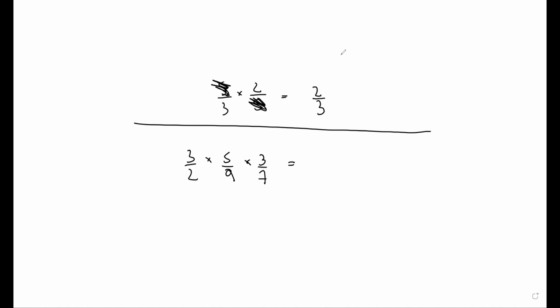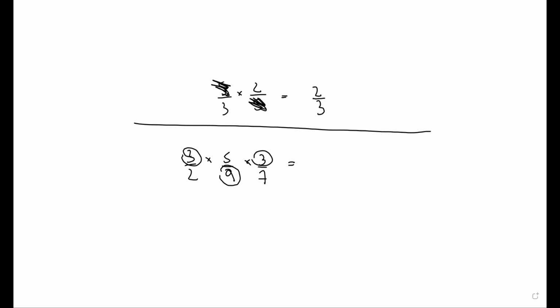Exactly, someone pointed out that you have a 9 on the bottom and you don't visually have a 9 on top, but you do technically have one because you got a 3 times 3. Because keep in mind, it's multiplication. So you do have a 9 on the top and a 9 on the bottom. It's just kind of indirect. So you can cancel out all of those.